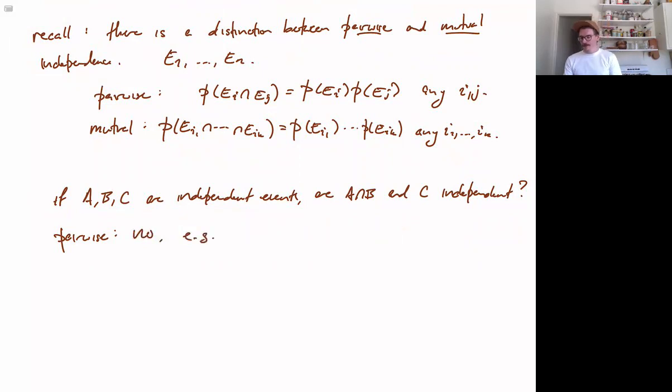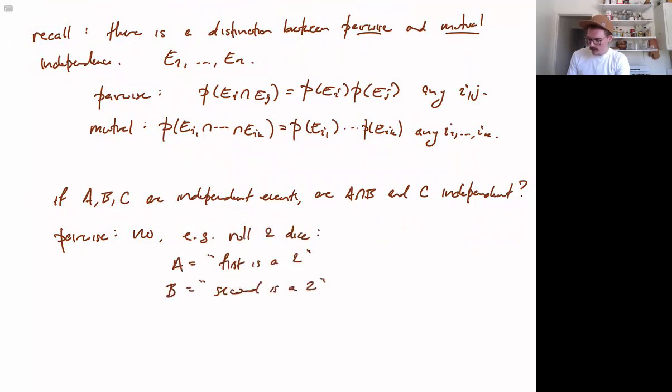And for example, basically any example where they are pairwise independent but not mutually independent should work. So for example, in our familiar roll two dice scenario, let's say A is, first is a 2, B, the event second is a 2, and C, the event that the dice add to 7.